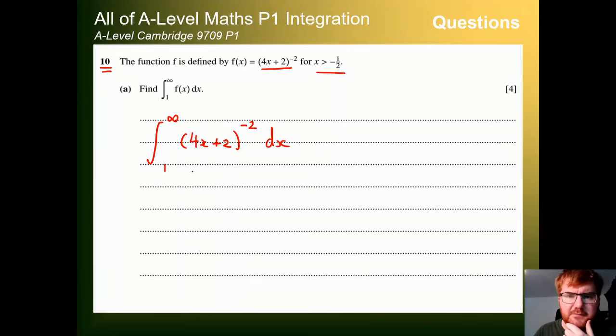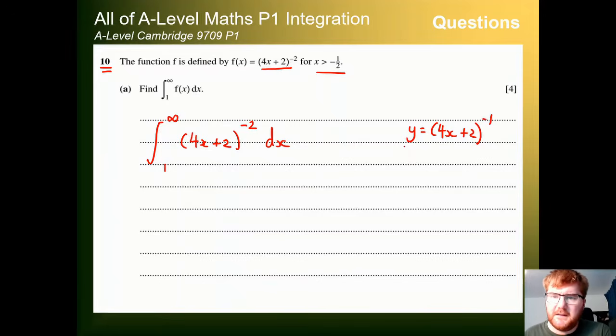So again, I use this process of, okay, if we added 1 to the index, so imagine you had this function to the power of minus 1 and we differentiated. Well, we'd have the minus 1 come to the front. We'd have a times by 4 as well. And then we just reduce the index by 1.